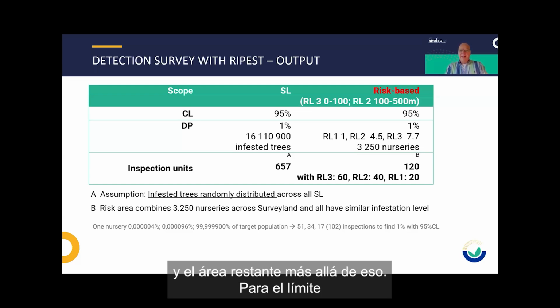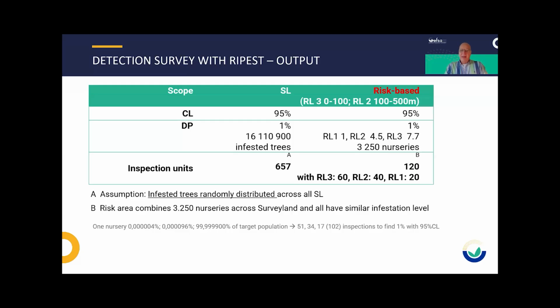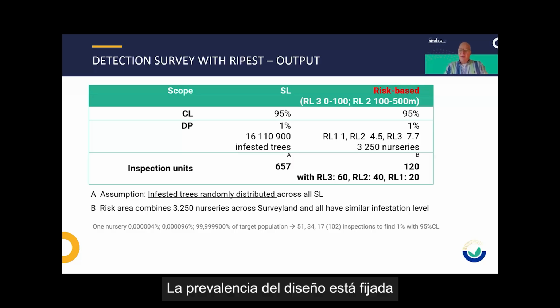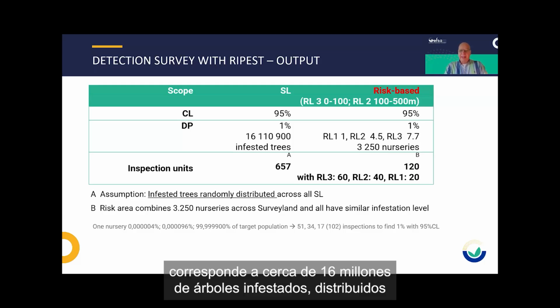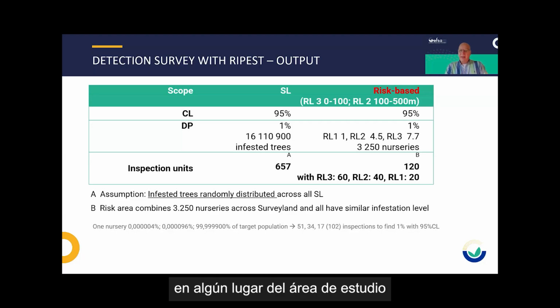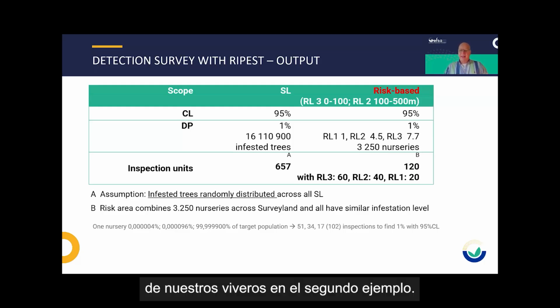The confidence limit requirement is 95%. The design prevalence is the same in both cases, the required 1%. And you see this 1% corresponds to about 16 million infested trees, which are distributed somewhere in Surveyland in the first scenario, and potentially around our nurseries in the second.